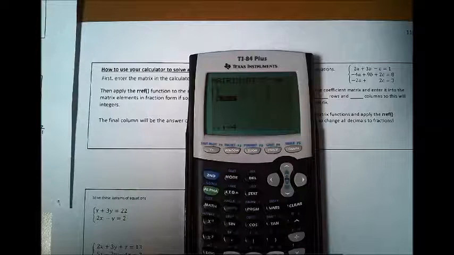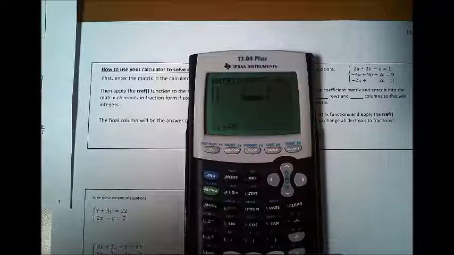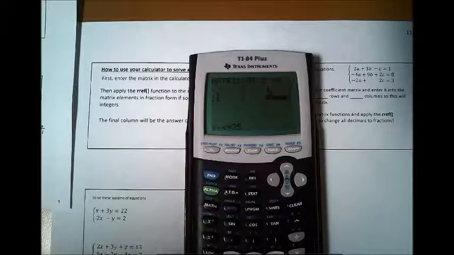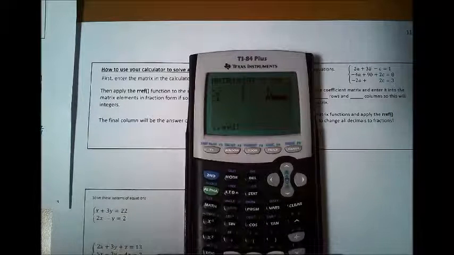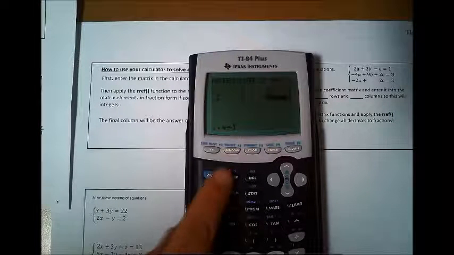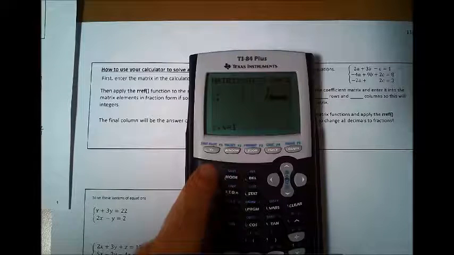And then our last row from the last slide would be 5, enter, 1, enter, 0, enter, 1, enter. Now we're all done, so we can just go second, quit.